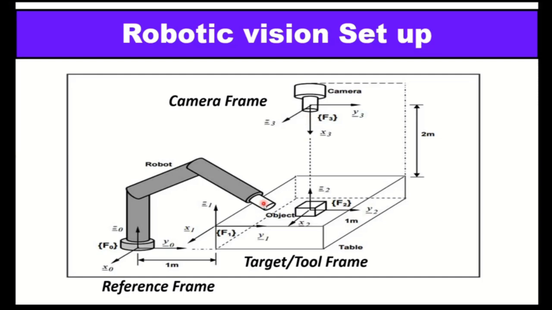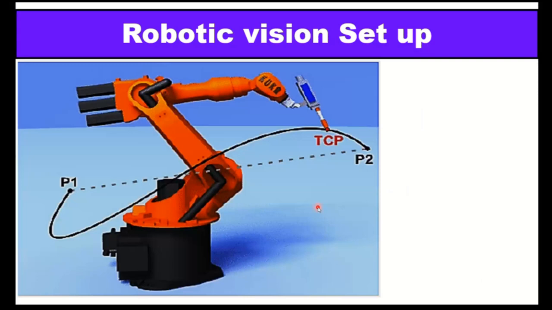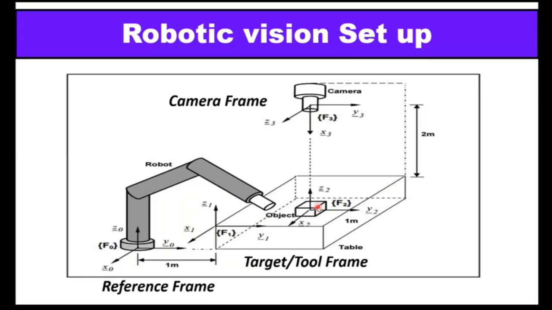So when this tool enters the object frame and it can be visualized by the camera, then we say that all three are mapped. So whenever the bot is working, the camera must capture it.